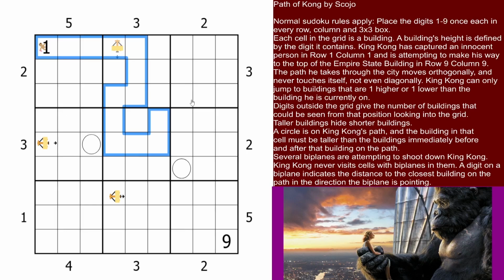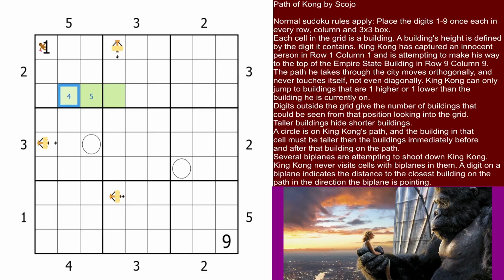King Kong can only jump to buildings that are one higher or one lower than the building he is currently on. So let's say King Kong is somewhere here in this building, and he is going like this. Whatever this digit is, it must be one higher or one lower than this.